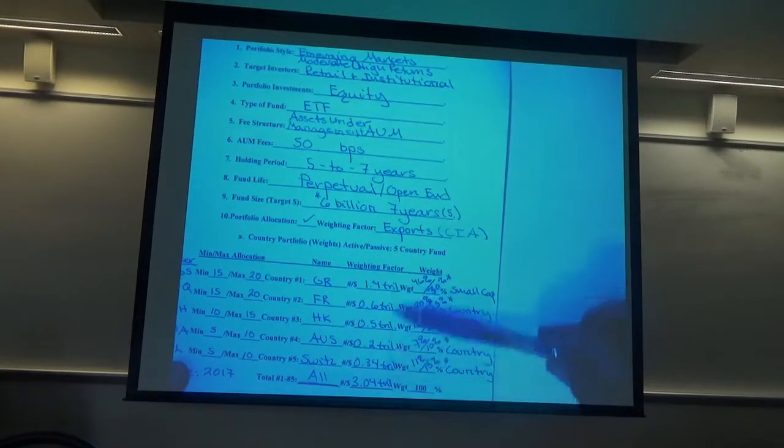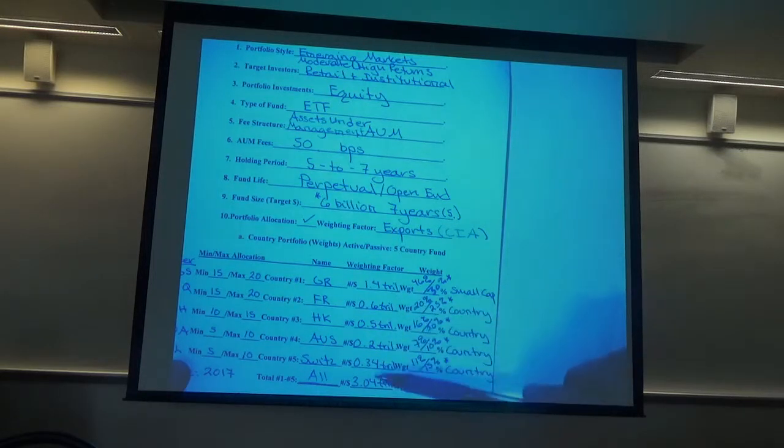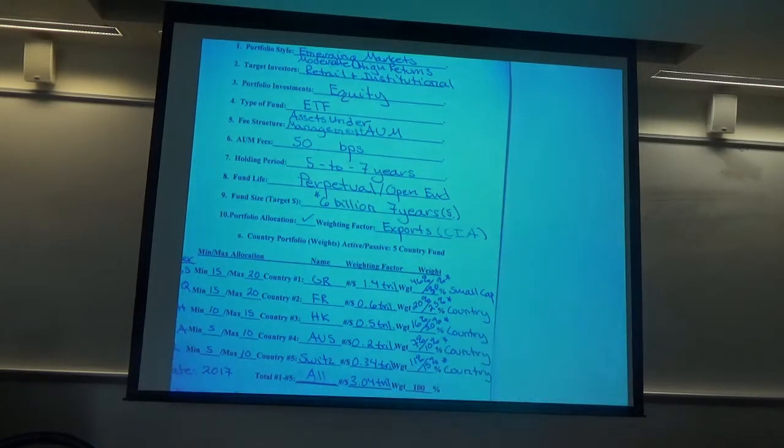So I basically just put in the trillions of dollars in exports for each of the countries, summed them up, divided them back, and basically got the initial weights. Okay, Germany made up, at the first pass, 46%, France 20%, Hong Kong 16%, Australia 7%, and Switzerland 11%.